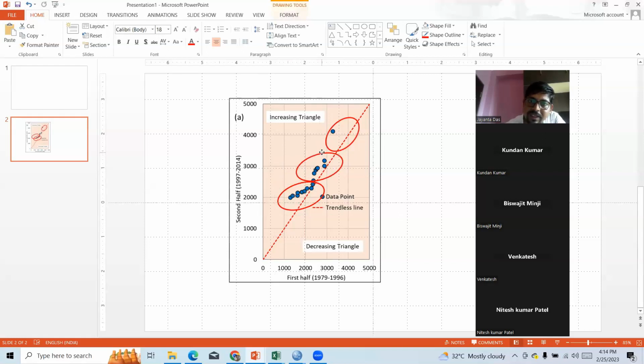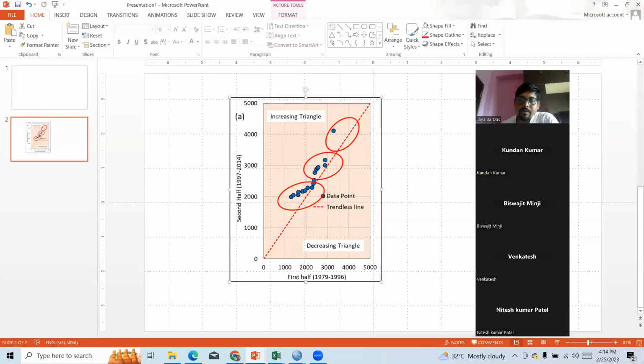Right? Just change this orientation and it should not overlap each other.